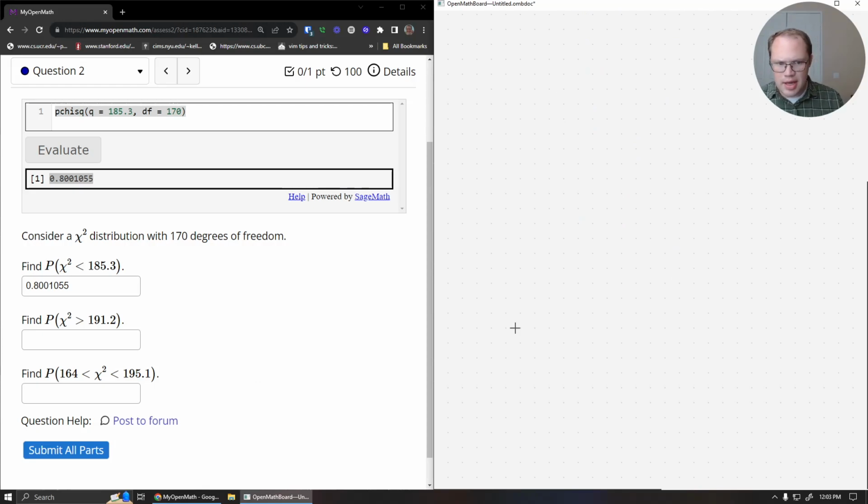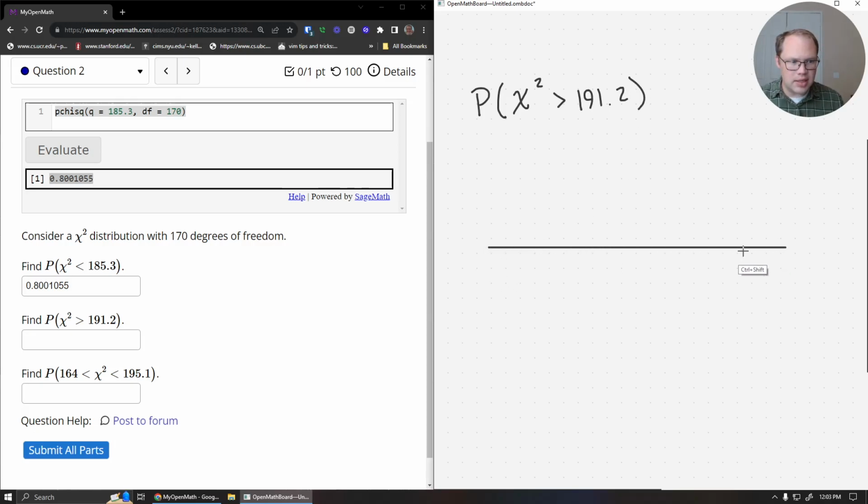Now let's look at the next part here. We want to find the probability that a randomly chosen chi-square value is greater than 191.2. So sketch the same asymmetrical picture, a little bit bigger hump on the left.